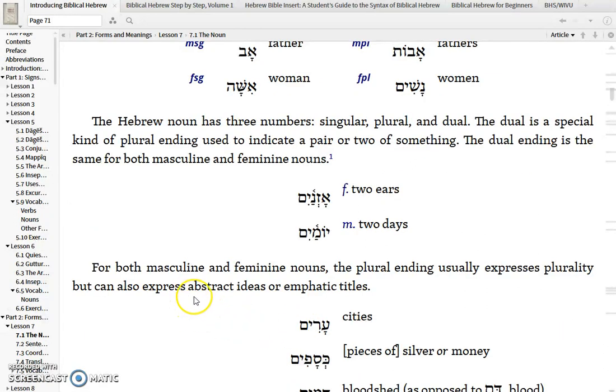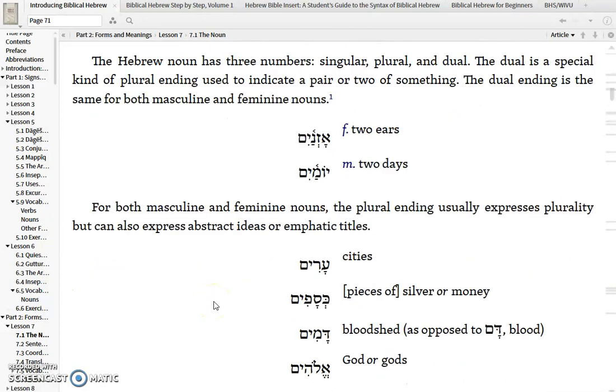Now, for both masculine and feminine nouns, the plural endings usually express plurality, but they can also express abstract ideas or emphatic titles. So here you have Ir city, the irregular plural is arim, cities.